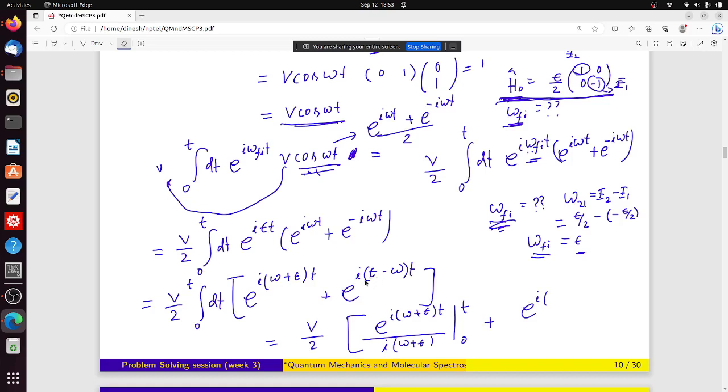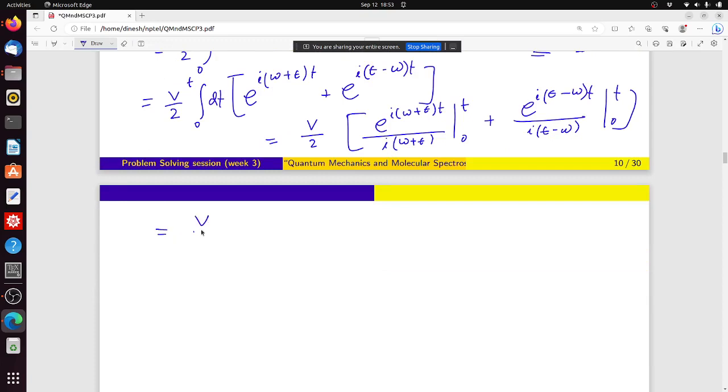No, we can't do. Oh, it's different, and there is minus here. Okay. This is epsilon minus omega t, i epsilon minus omega, 0 to t, right?